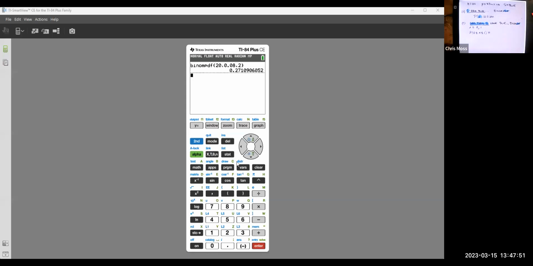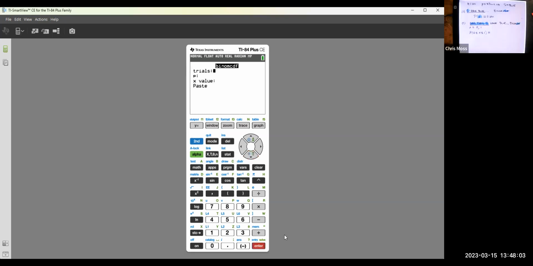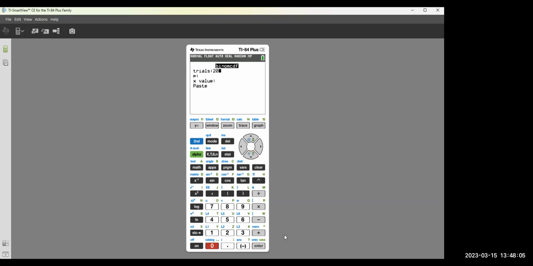So this time it's the binomial CDF tool. We have to use the 1 minus? Not this time because we're counting up from 0. Okay.